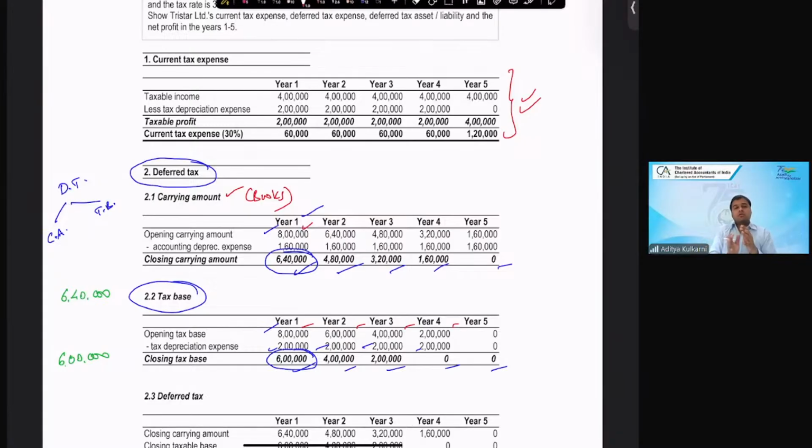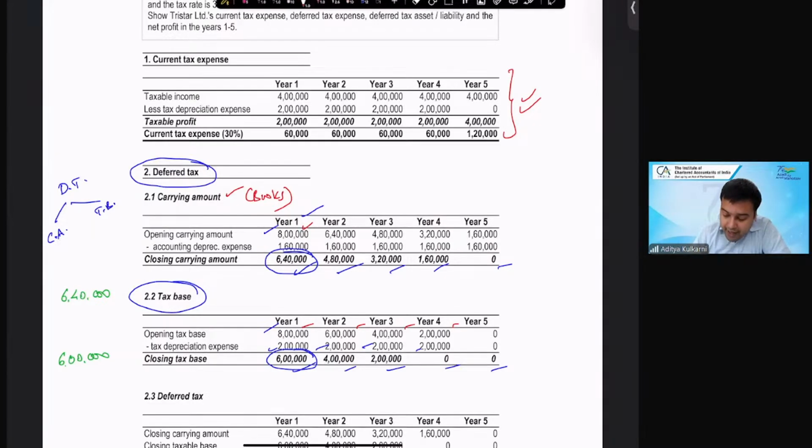So your opening was 8, closing at the end of year 1 is 6, at the end of year 2 is 4, at the end of year 3 it is 2, at the end of year 4 and 5 it is 0 and 0. Yes or no? Yes, sir.